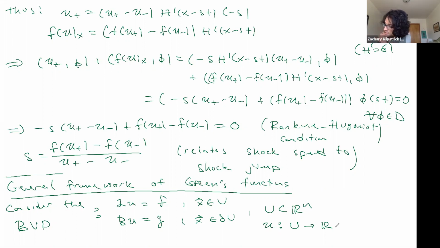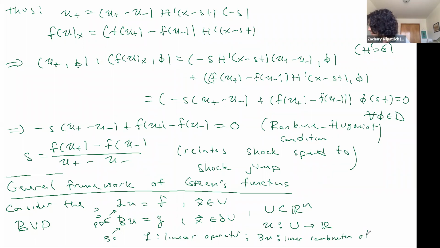This is my boundary condition here, and this is my PDE here. L is my linear operator, and Bu is going to be some linear combination of u and possibly its derivatives.